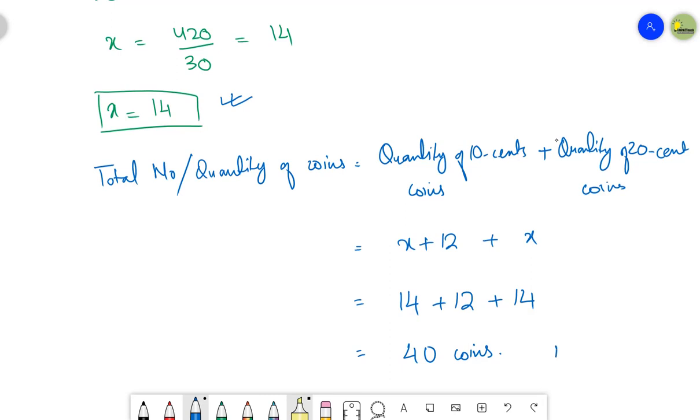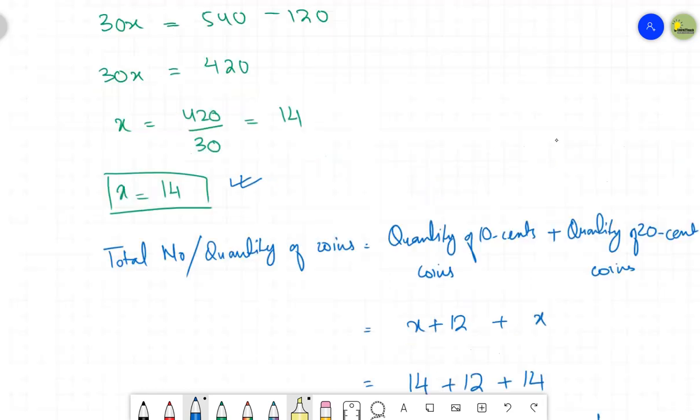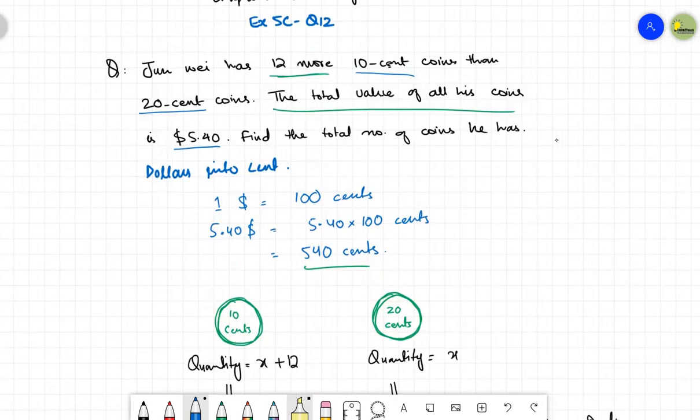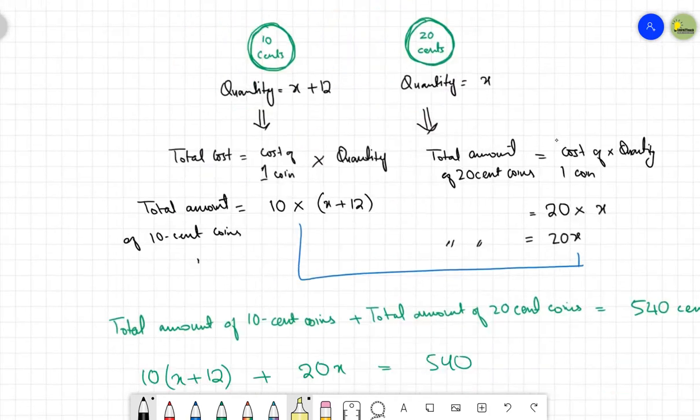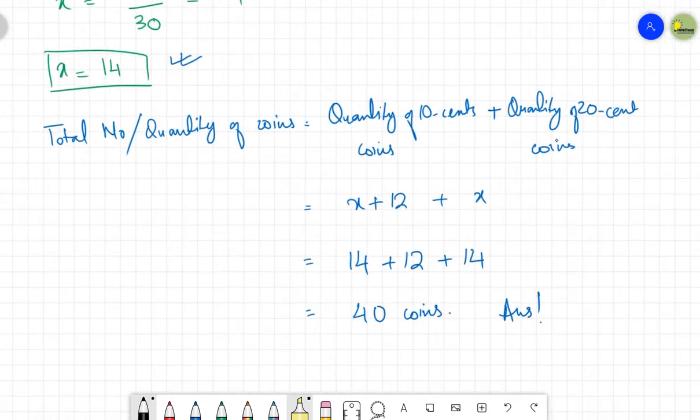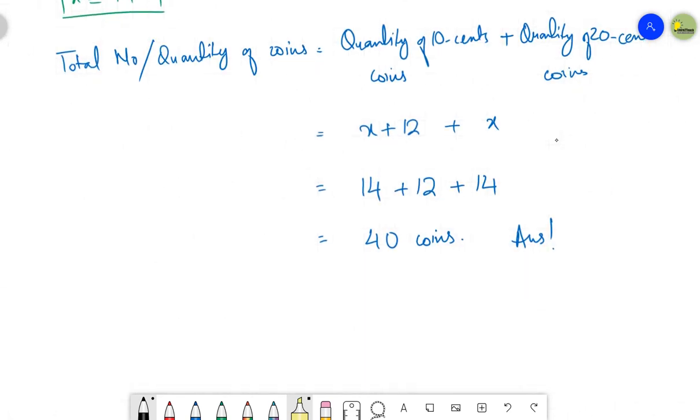This is going to be your answer. Why? Because if I go to the question above, you need to find the total number of coins that he has. So in this way, we have found that the total number of coins he has is 40.